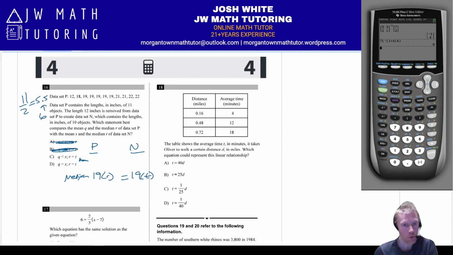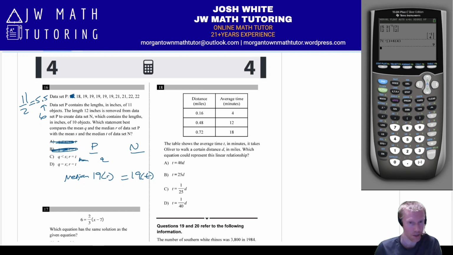But the way you can reason this theoretically without actually calculating the mean is, the original mean is going to be some value, also represented by the letter Q. Now, if you take away the 12, notice that 12 is the lowest value in the set. Therefore, the mean will have to increase, or go up, because the mean of the original 11 numbers is obviously greater than 12.